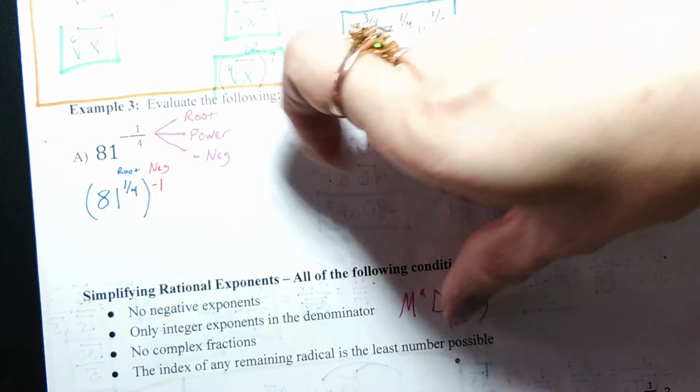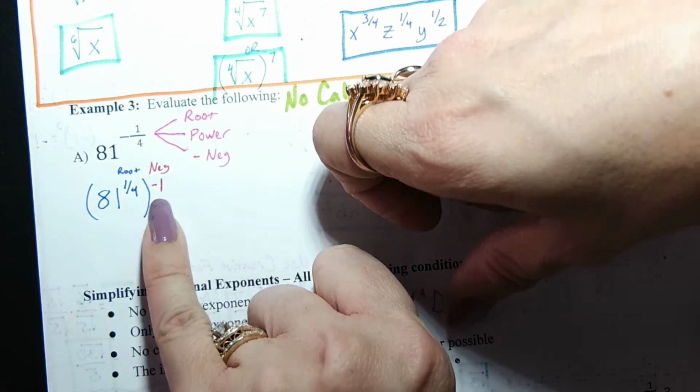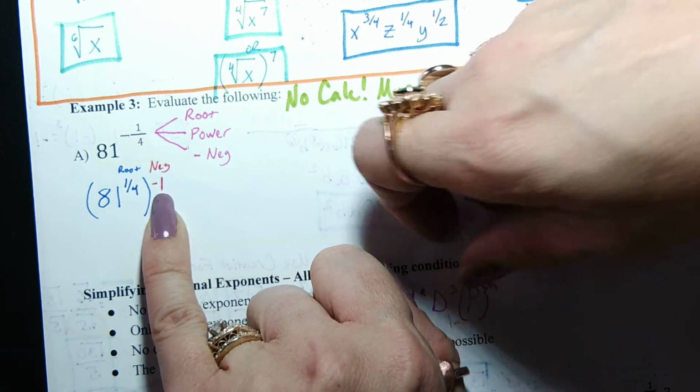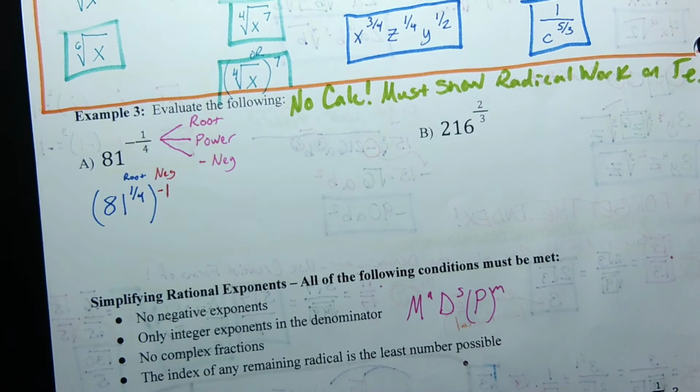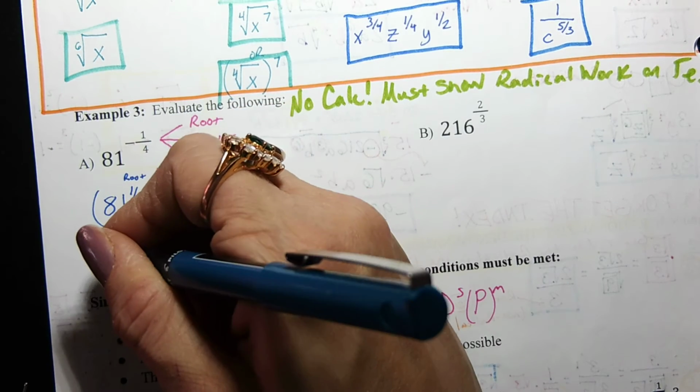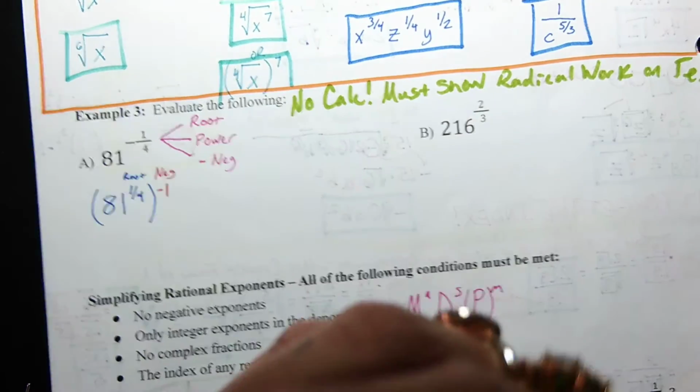Yes, because if I power up 81 to the 1/4 and raise it to the negative first power, I would multiply those and I would still get negative 1/4. So I don't move anything. I'm just twisting apart the power and changing the way that it looks to break it down into the power parts. So 81 to the 1/4 is the same as taking what root of 81?